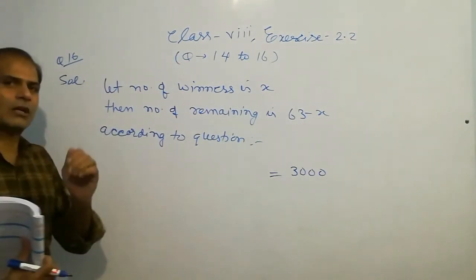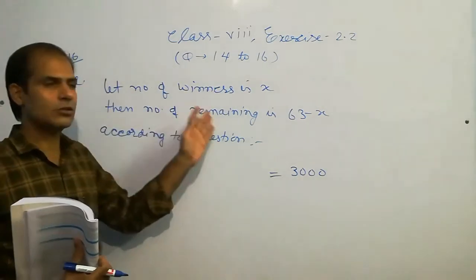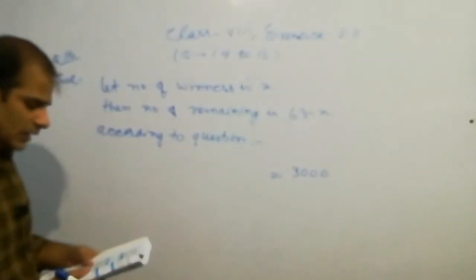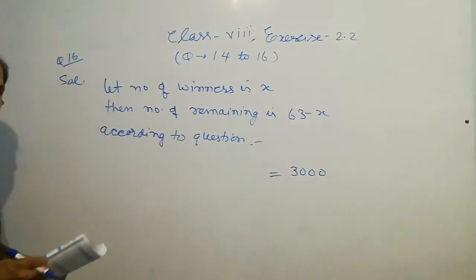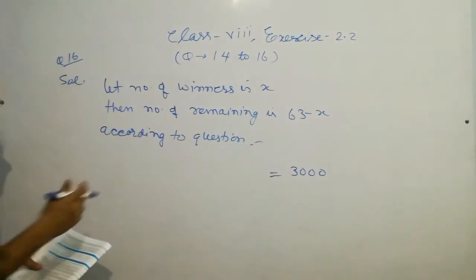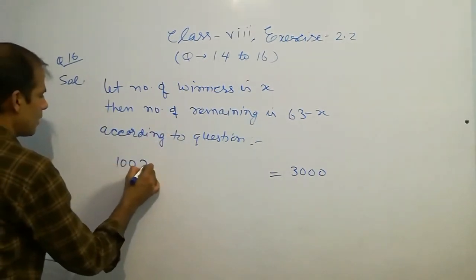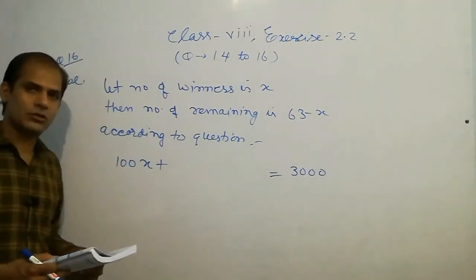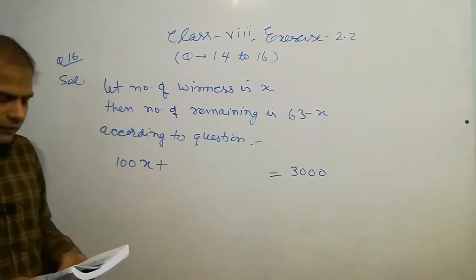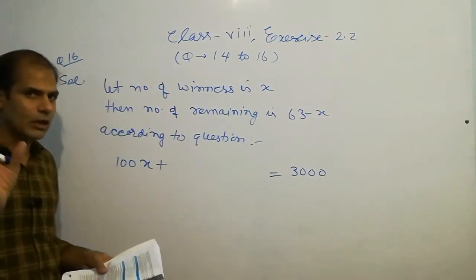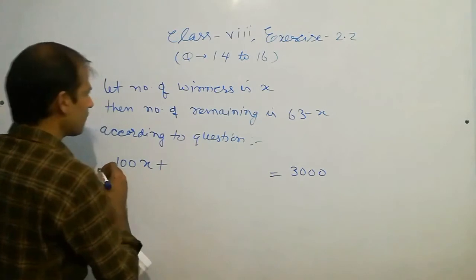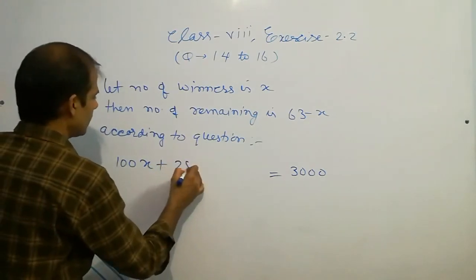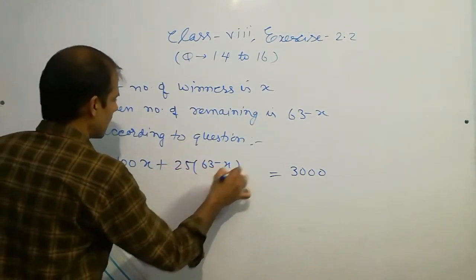Now what is the total amount which is given to the winners and the other candidates? As it is given that rupees 100 is given to the winners, the amount of winners will be 100x, and the other candidates who do not win will get a prize of rupees 25. So we'll multiply 25 by 63 minus x.